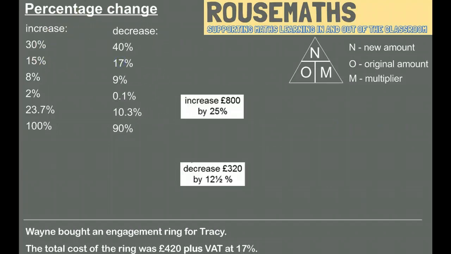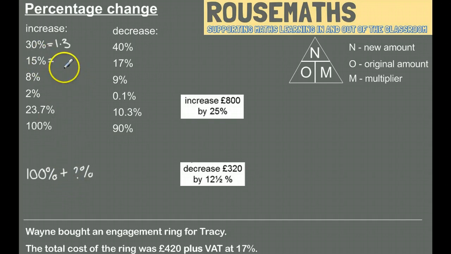So, if we're doing a percentage increase, it means we're taking our original amount, our original 100%, and we're adding on whatever that percentage is. So if we have a 30% increase, that means that we're going to be finding out what 130% is. And 130% as a decimal is 1.3.